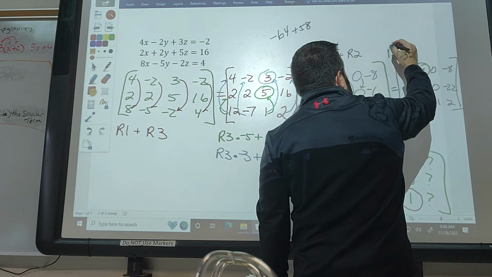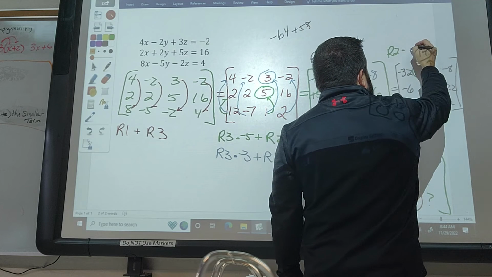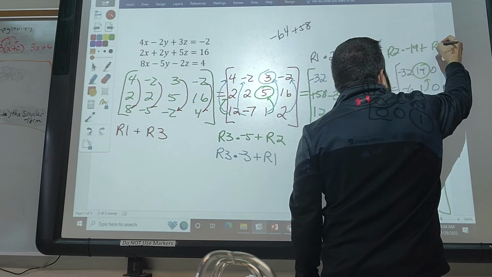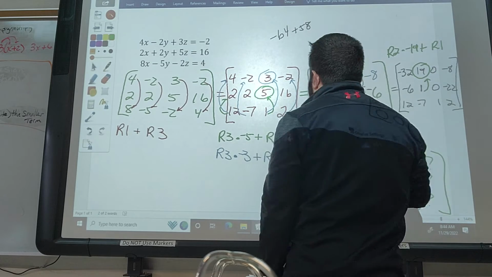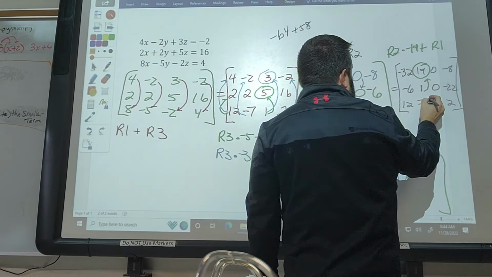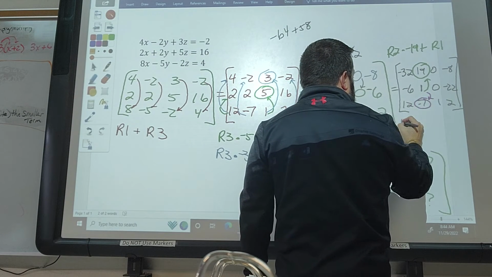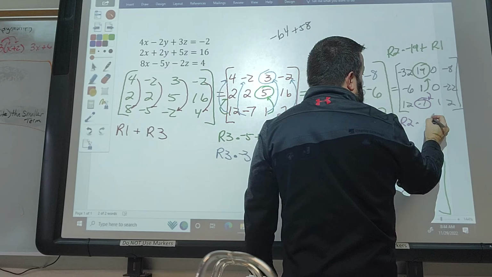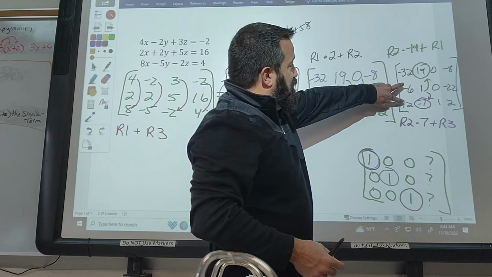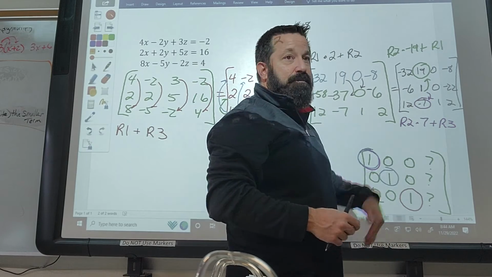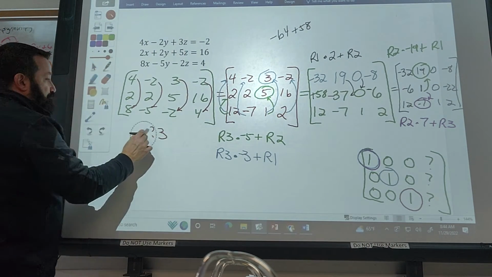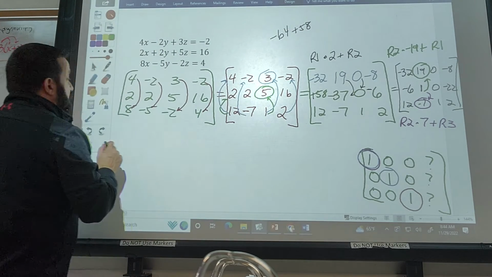So I'm going to take row 2 times negative 19 and add it to row 1. I'm going to take that same 1 and take row 2 times 7 and add it to row 3. Because I need to make those zeros. I've got to finish out this column. And I need room to do it.